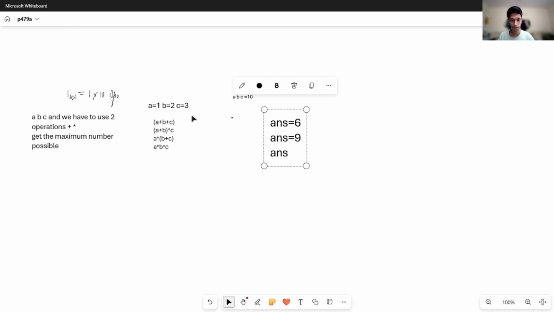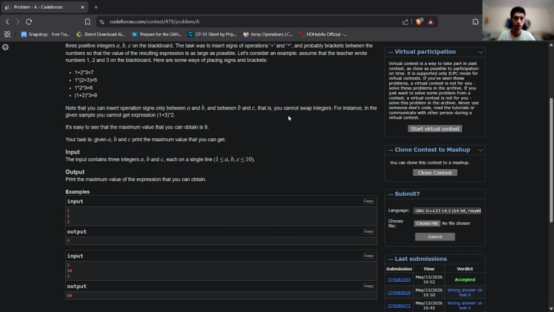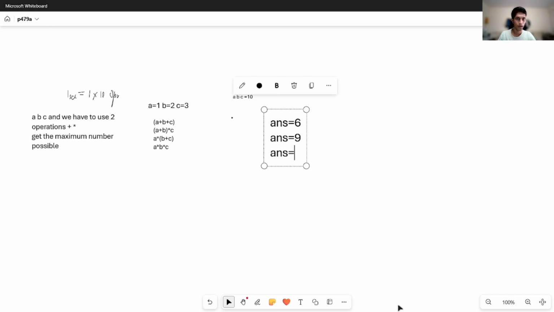For the third one, since it was written in the question that we cannot swap the numbers, we have to follow the order. So for the third, we get 1 into (2 plus 3), which will be 5. And for the fourth one, we get 1 into 2 into 3, which is 6.